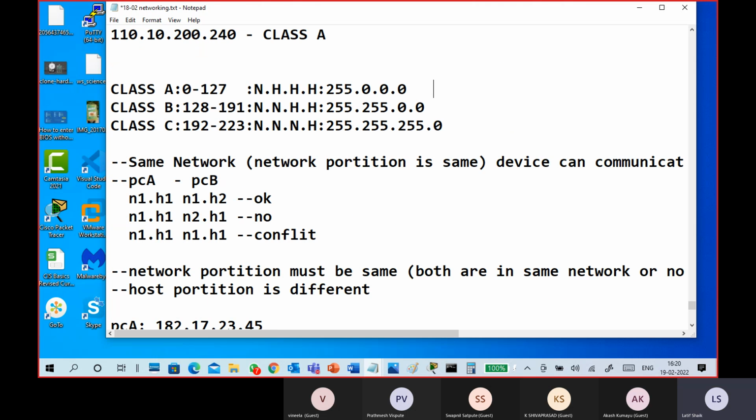Advantages and disadvantages of IP address, why we need to go for all like this, one point is there, that I will tell and put it. Okay, so 8 means host portion. I'm calculating host portion.